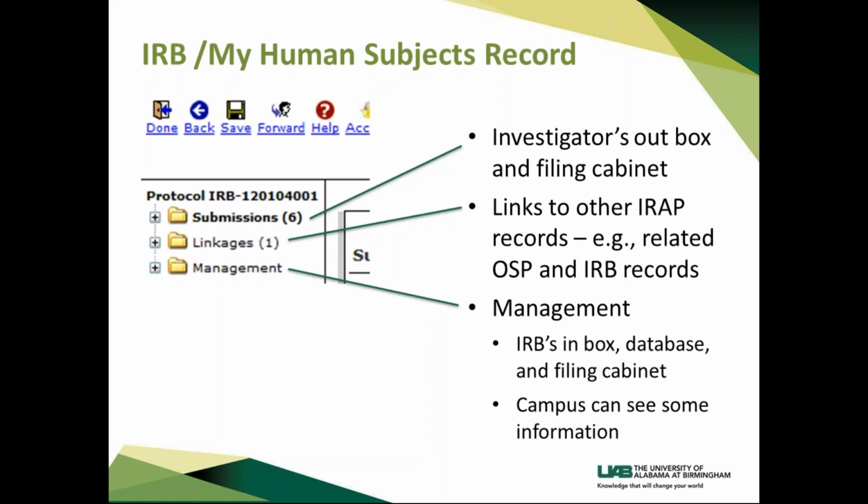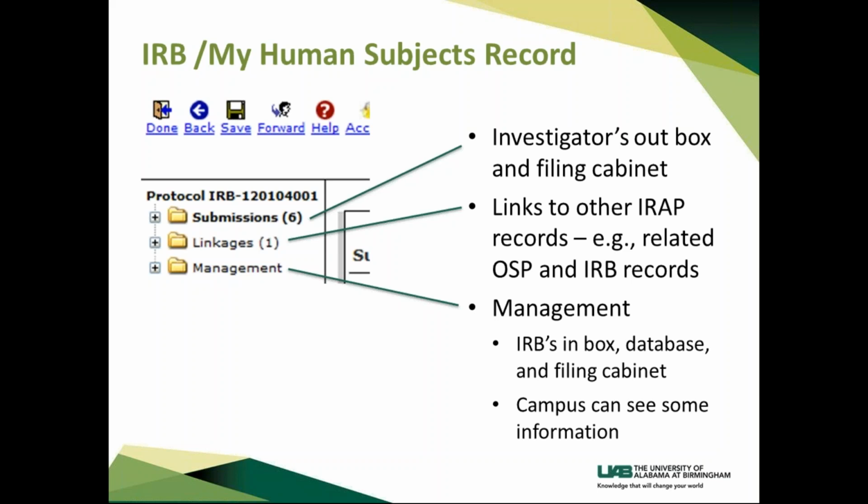You may not be able to get in and see the details of that other protocol, and that's if you were not listed as personnel. If you were listed as personnel, you would be able to.